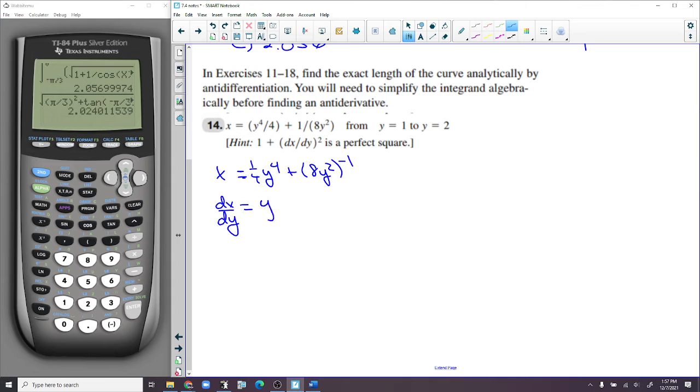Would it be y to the 3rd, then negative 8y squared to the negative 2, but then times 16y. Derivative of the inside, don't forget chain rule. This is negative 16y over 64 y to the 4th.